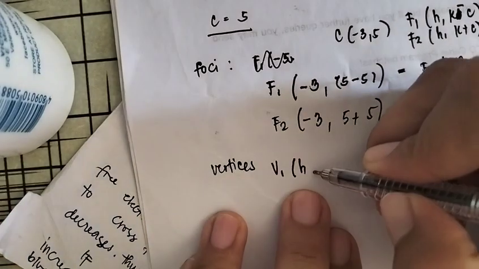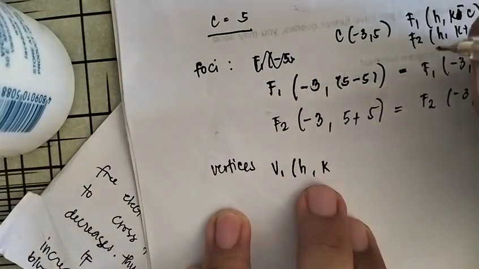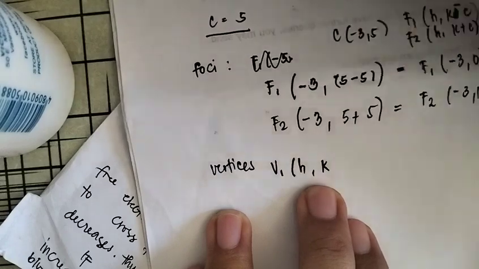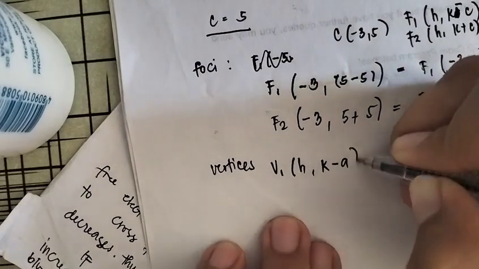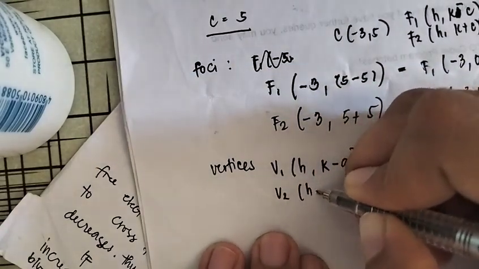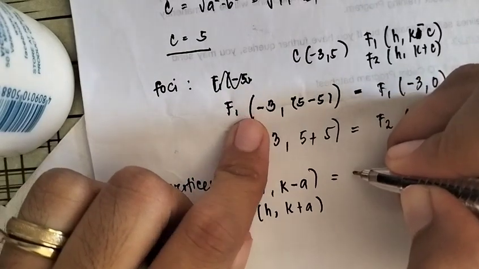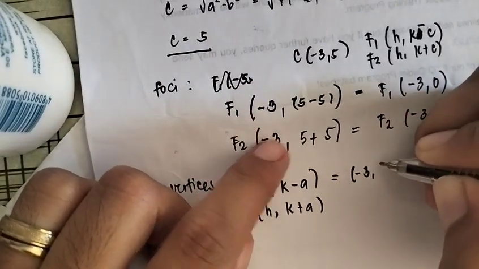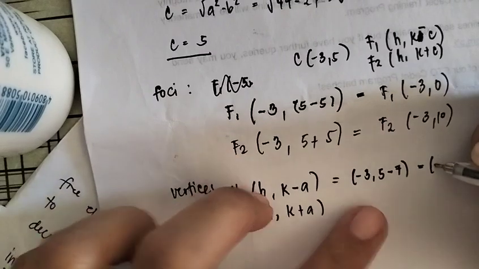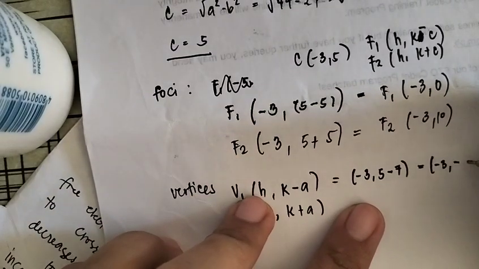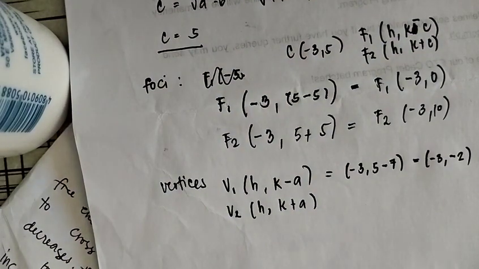So, vertices: H, and then K. What is added to K? A. V1 is H, K minus A, and V2 is H, K plus A. H is negative 3, and K is 5 minus A, which is 7. 5 minus 7 is negative 2, so V1 is negative 3, negative 2.